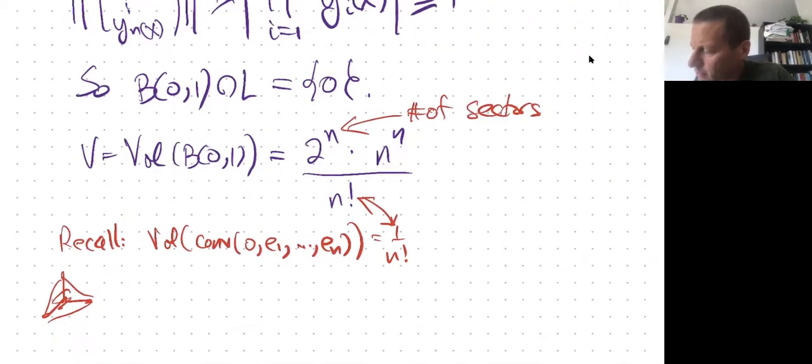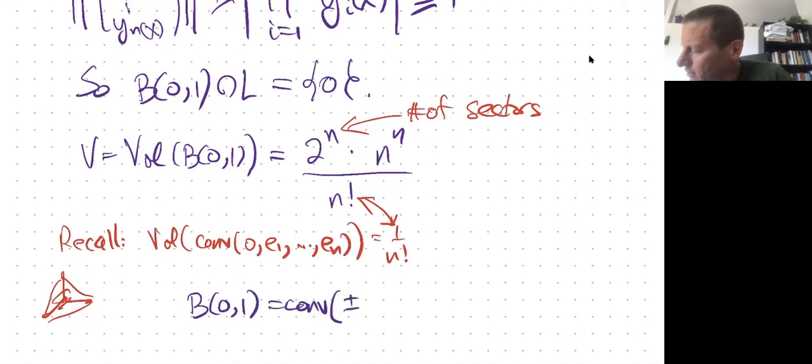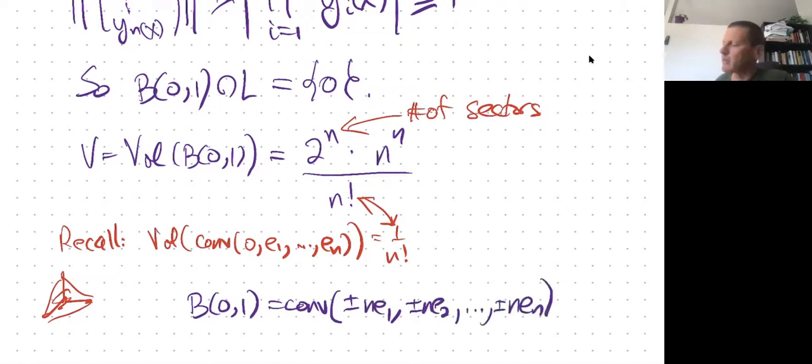The ball for this norm of radius 1 is the convex hull of plus minus n e1, plus minus n e2, and so on.